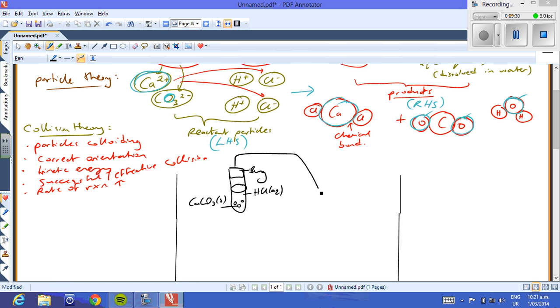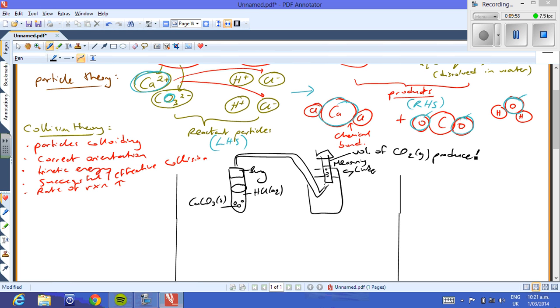A delivery tube, which just delivers the carbon dioxide gas across to the other side. And then you have an inverted or upside down measuring cylinder. And then the measuring cylinder was inside a basin of water, and the idea was that the bubbles of gas collected would displace the water out of the measuring cylinder, and you could measure the volume of CO2 gas produced. And then this is a way for measuring the effectiveness of your reaction.